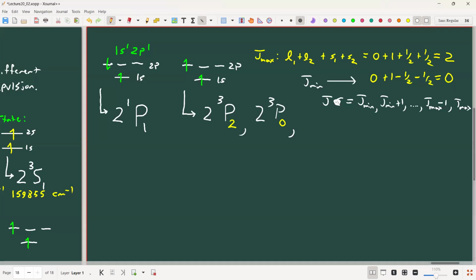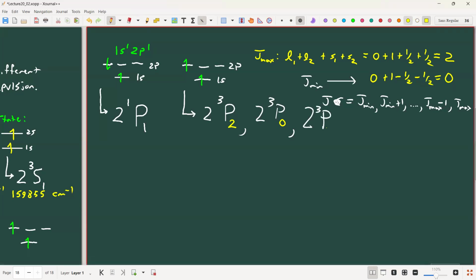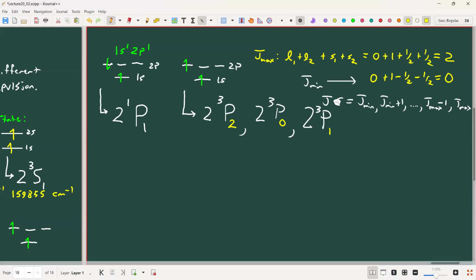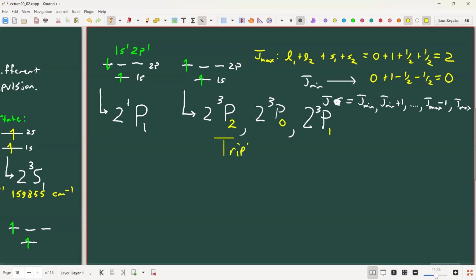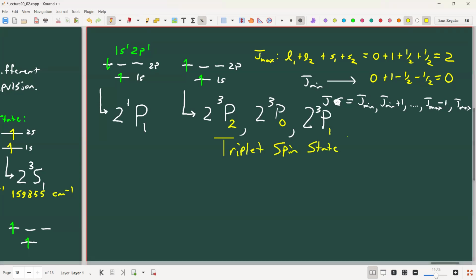And so there's also a J equals 1 state as well by construction. So an additional state where the angular minimum add to 1. This is why it's called a triplet. This is why we call this a triplet state, because there are 3 possible states.